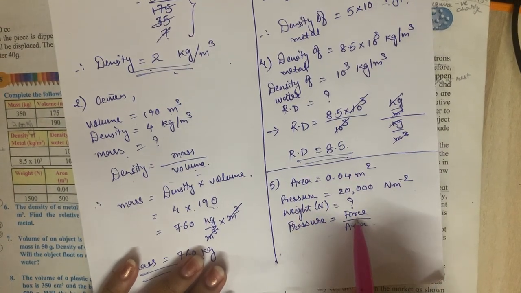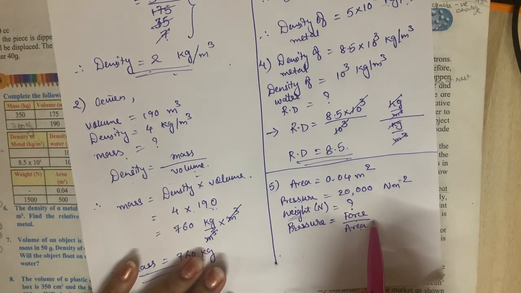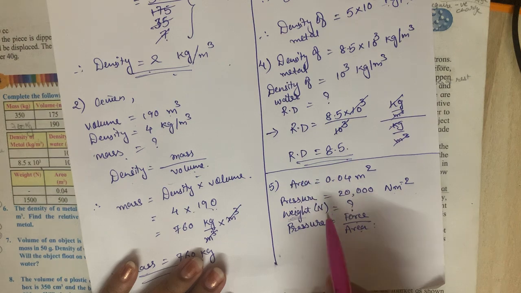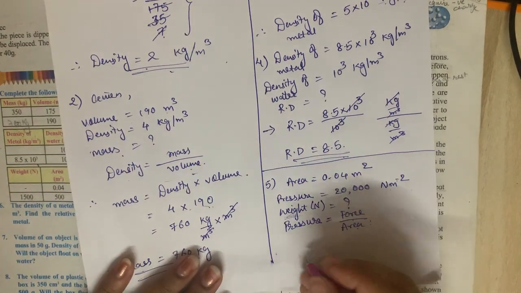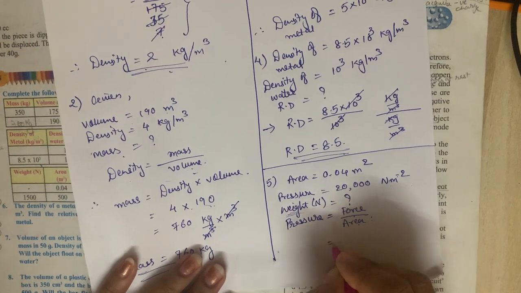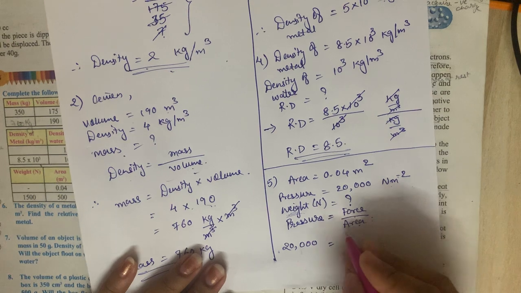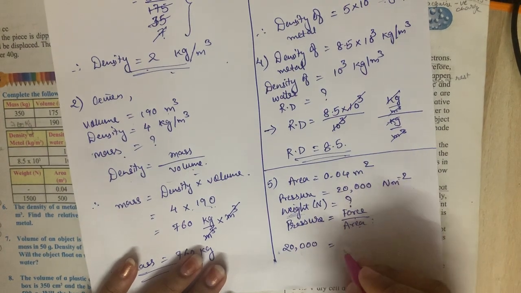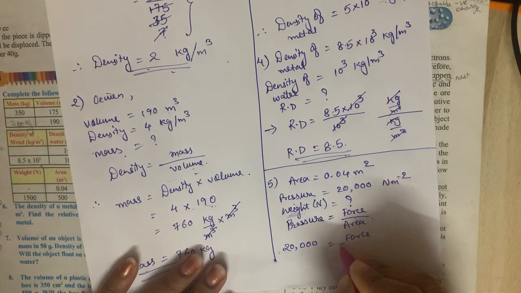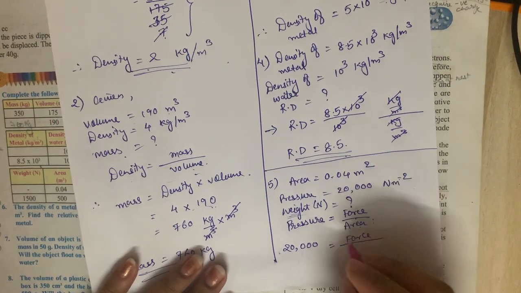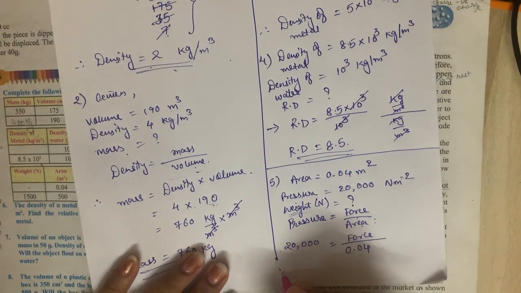My dear students, here in this case, because weight is in the term of force, it is expressing in the term of force. So pressure is equal to, pressure is given, that is 20,000. Force is not given, that we have to find out. So let it be as it is. What is area? 0.04. Is it clear?